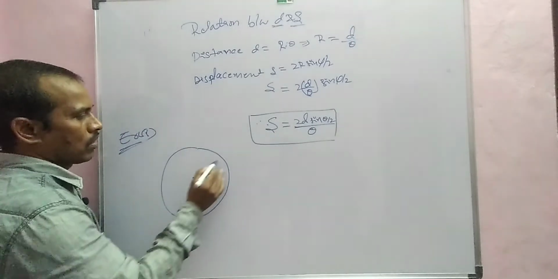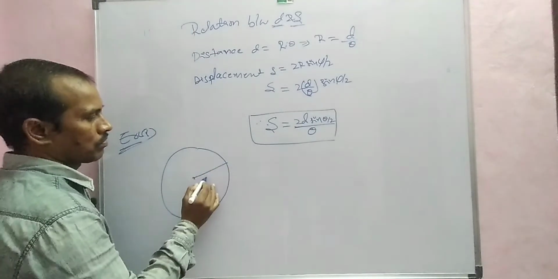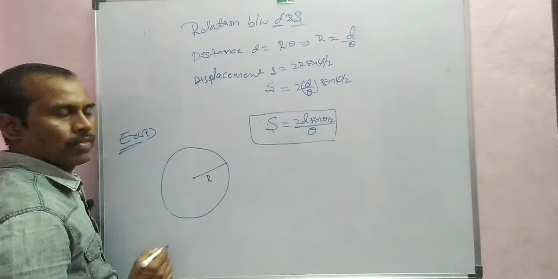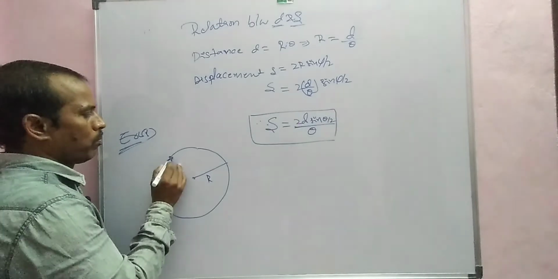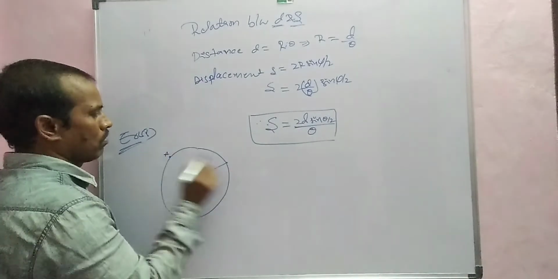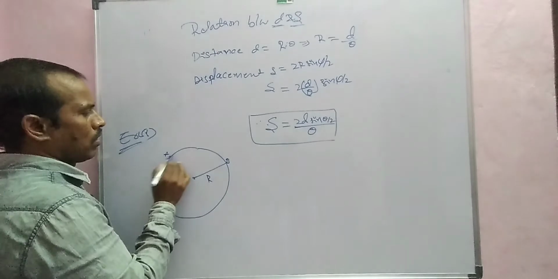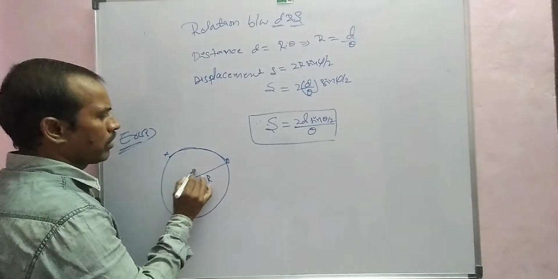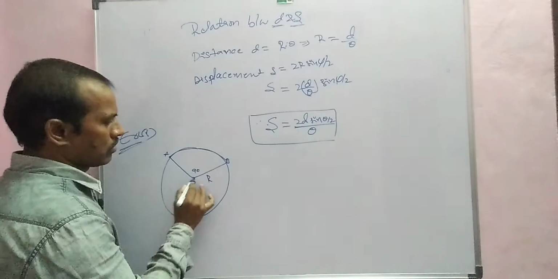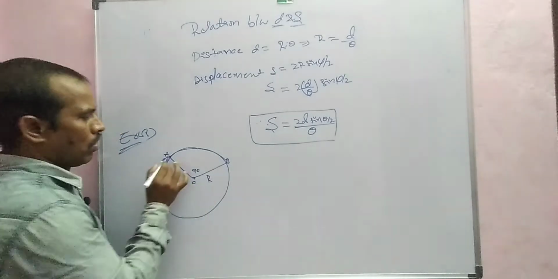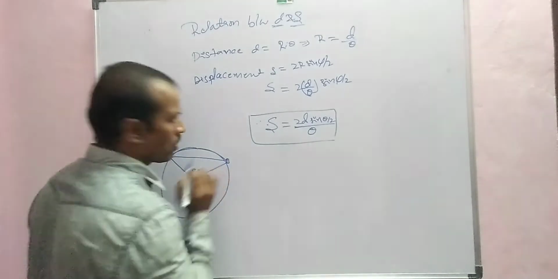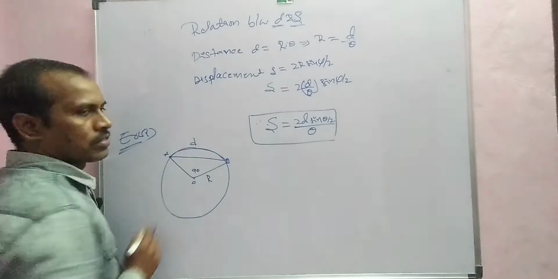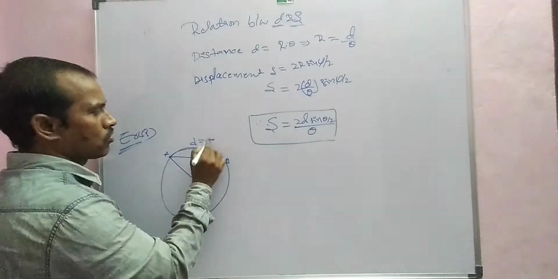The person moves from A to B, and the curve subtends 90 degrees at the center. We need to find the distance and the displacement.